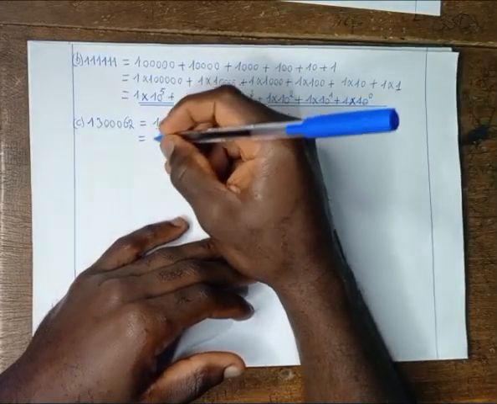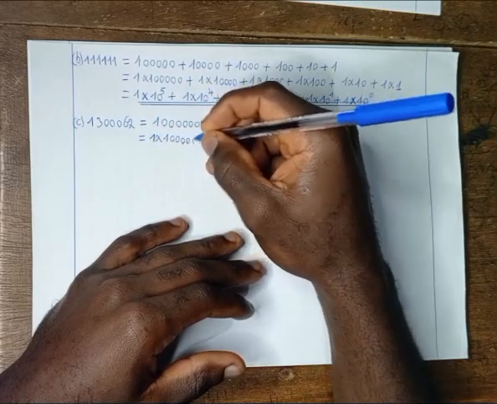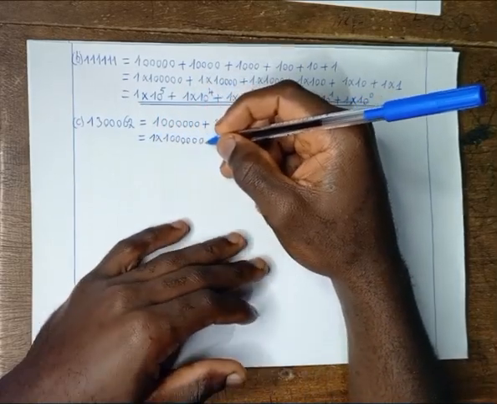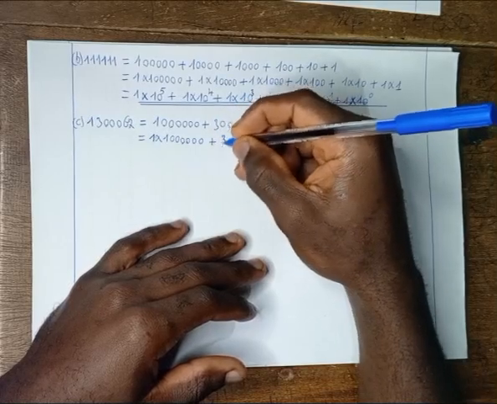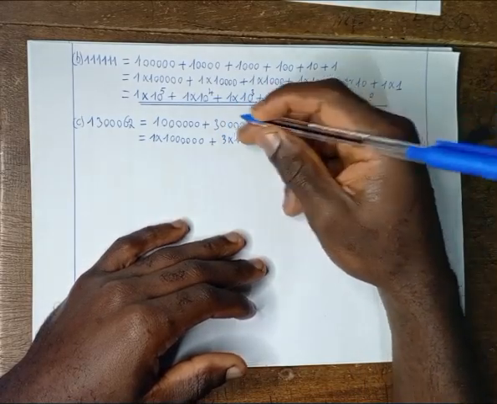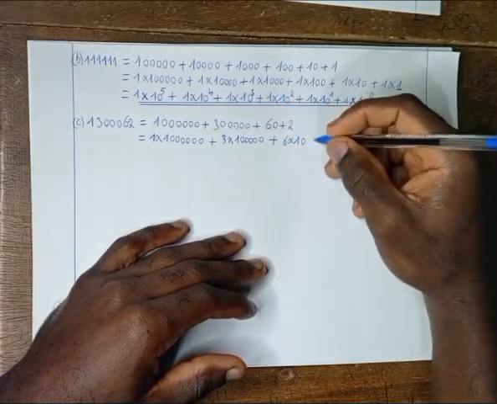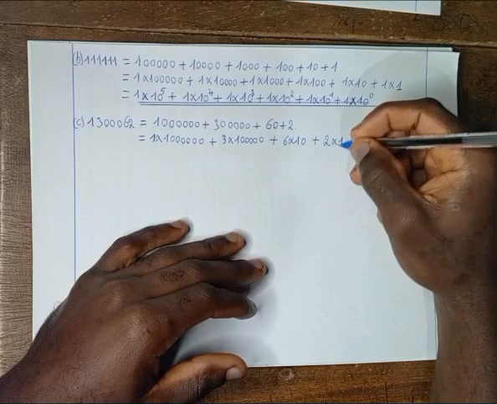We know 1 million can be written as 1 times 1 million, plus 3 times 100,000 remains 300,000 plus 6 times 10 gives us 60 plus 2 times 1.